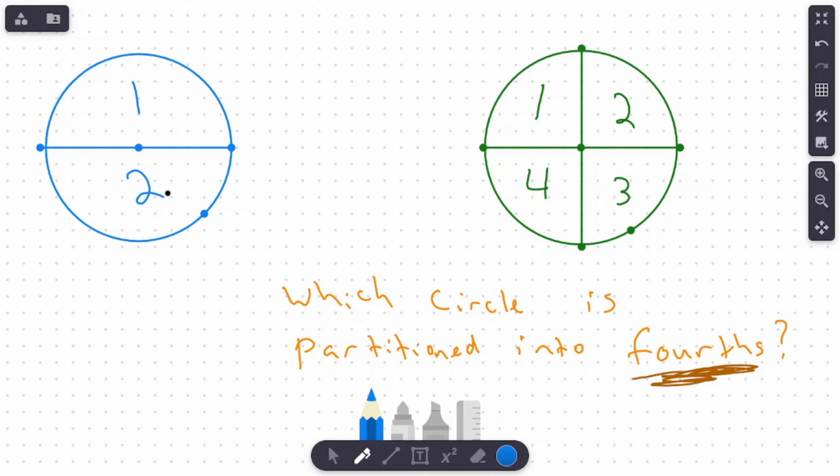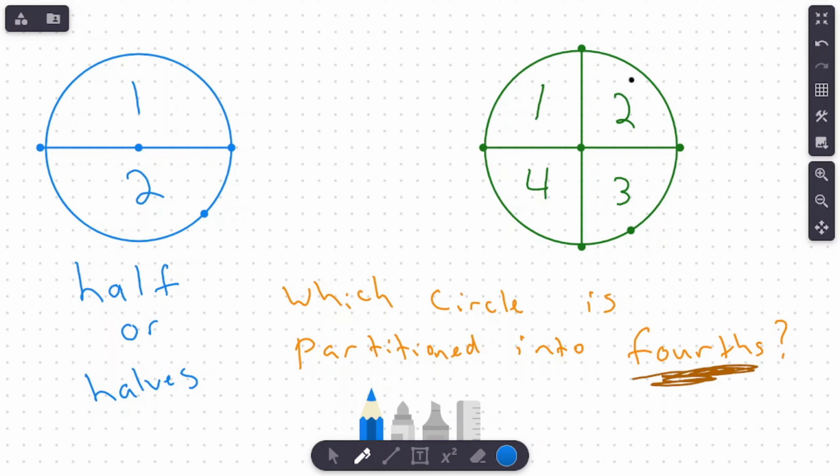That means we have partitioned it, we have divided it in half. You'll hear the word half or halves. You'll hear those 2 words a lot. So when we partition something into 2 equal sections, we have partitioned it in half or in halves.